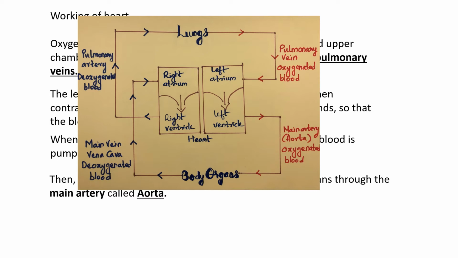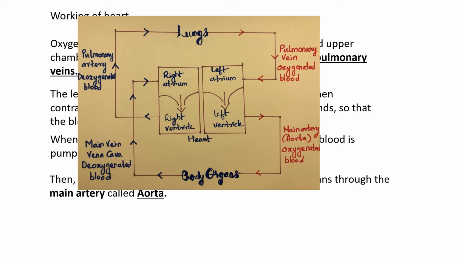Once it is filled with blood, it contracts and the blood is transferred from left atrium to left ventricle. And then from the left ventricle, it is carried to body organs through the main artery called aorta.